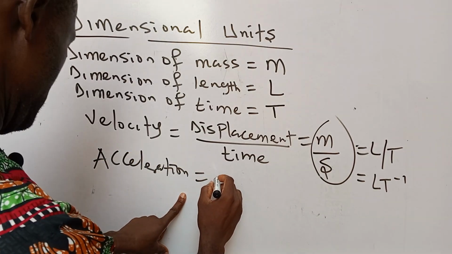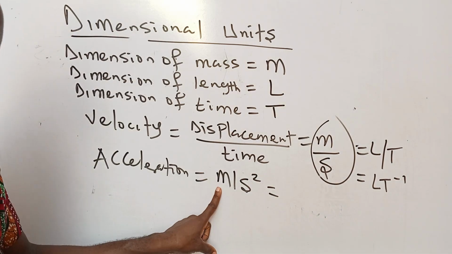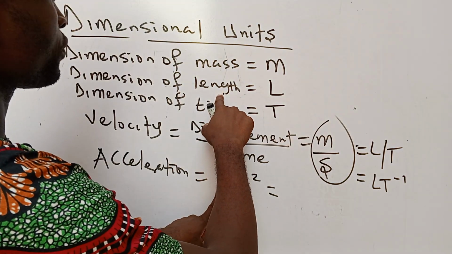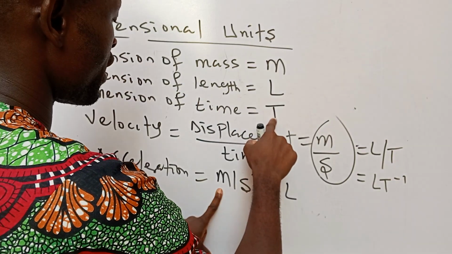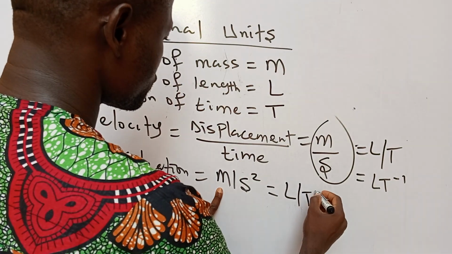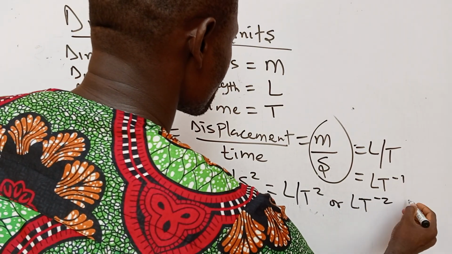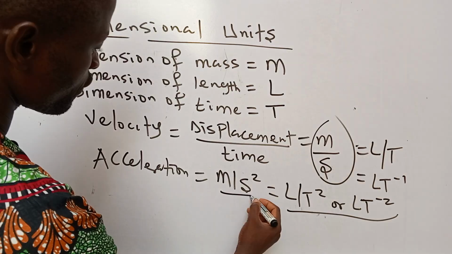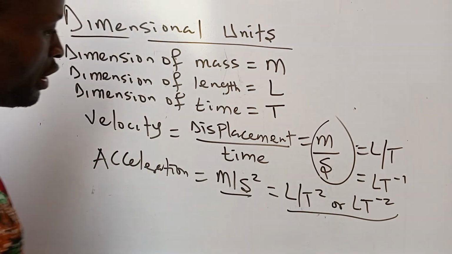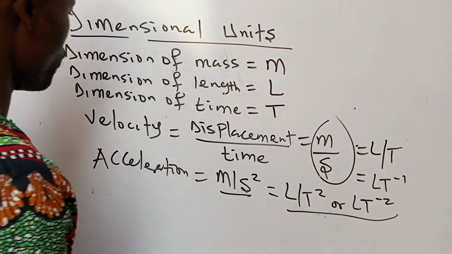Anywhere we see meter, which represents the length, we write L. Then seconds, we replace by writing T squared, or it can be written as LT raised to power minus 2. This is the dimensional unit of acceleration, and this is the derived unit for acceleration. You see?